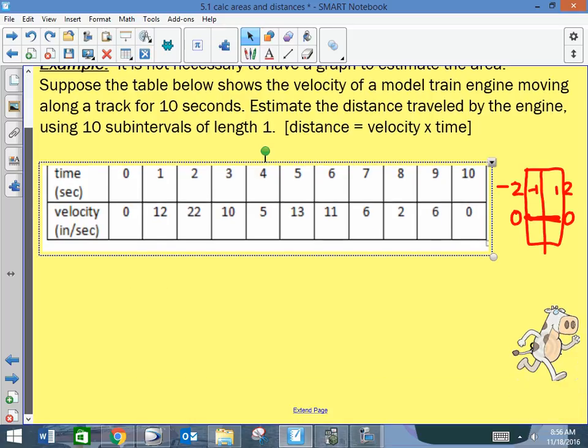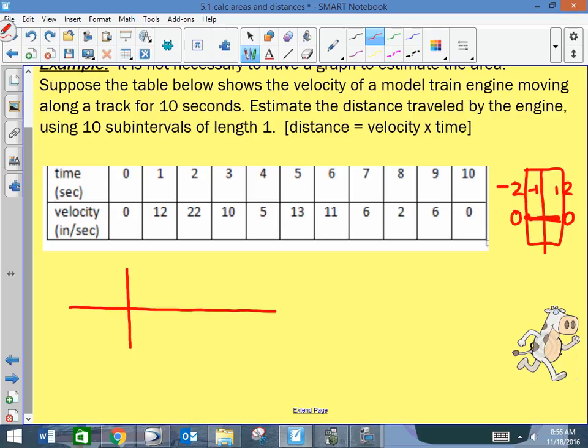Okay, again, let's do a visual real quick. 0, 0, 112, 222, 310, 4, 5. It doesn't take that long. 5, 13. Okay, etc., etc. I'm not going to do it, just so you get the idea.